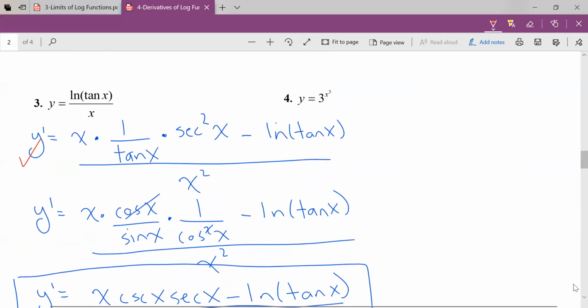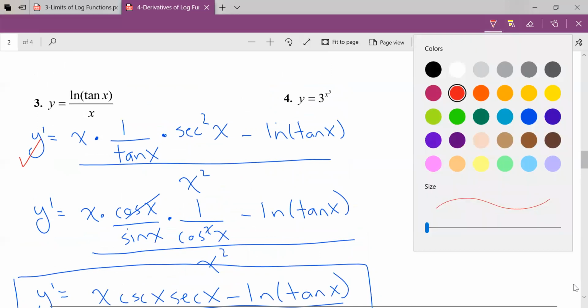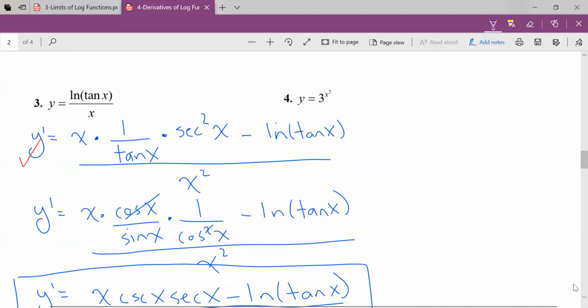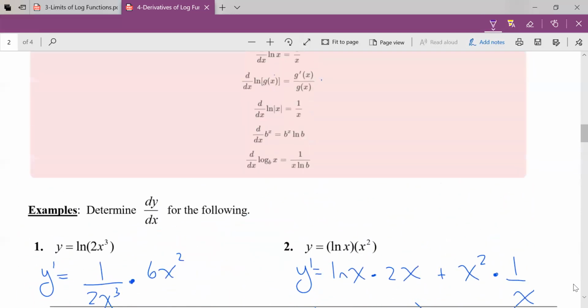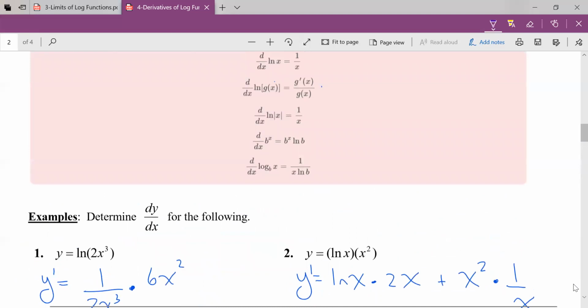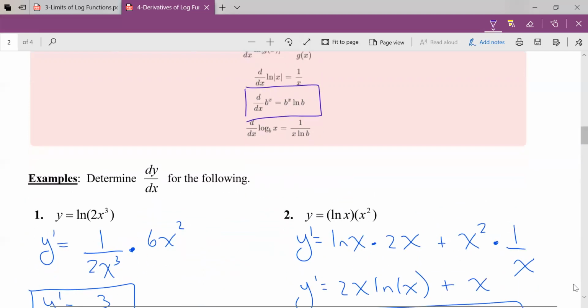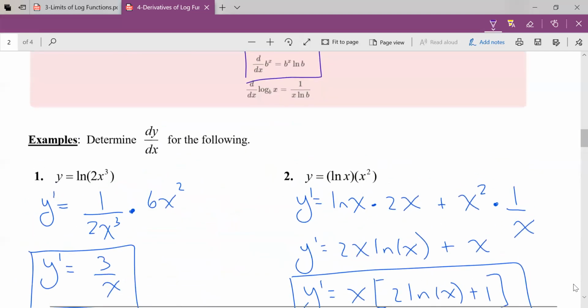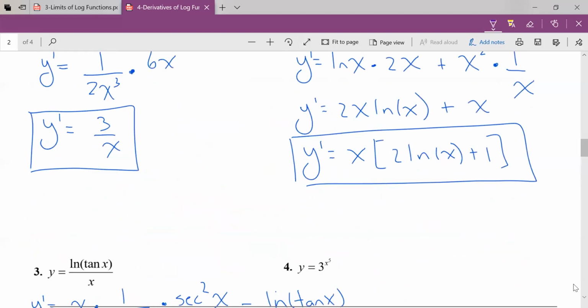All right, let's try another one here. We're going to take the derivative of 3 to the exponent x^5. Okay, so I scroll back up to my formula sheet, or I have it beside me, and we're taking the derivative of an exponential where the base is not e. The base is something different. And so we get b to the x ln b.